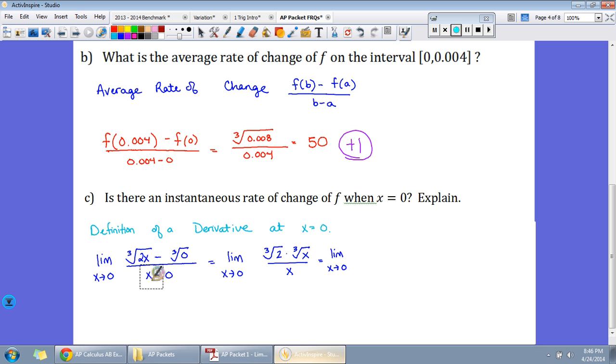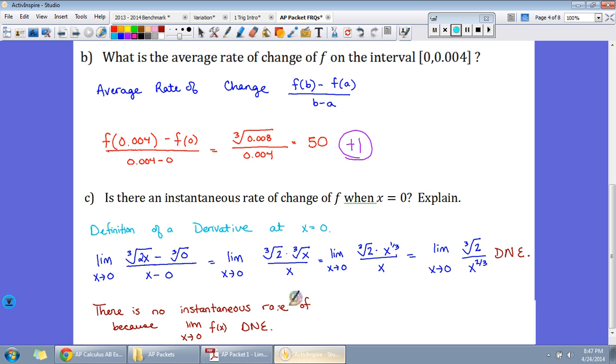Then I separated the cube root of 2 and the cube root of x, and I changed my exponents to be fractional, and then I subtracted my exponents. If you plug in a 0 into this, that's undefined, so it does not exist. Therefore, there is no instantaneous rate of change at x equals 0 because the limit as x approaches 0 of f of x does not exist. The limit does not exist.